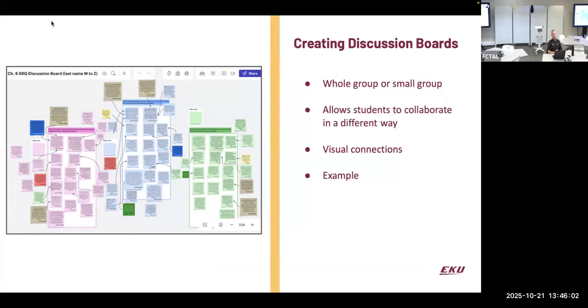You can see there at the top left, I put this in, so this is students' last names M to Z. So I had 37 students or so. I definitely like the idea of assigning them to groups, but this did get a little busy.